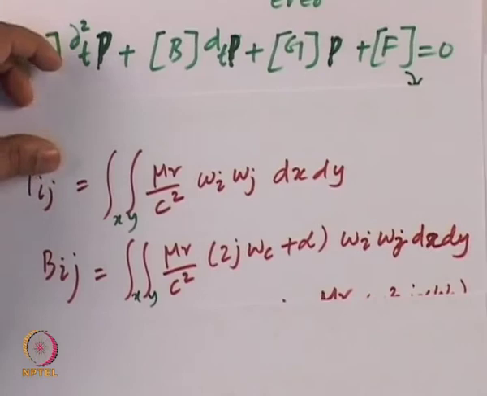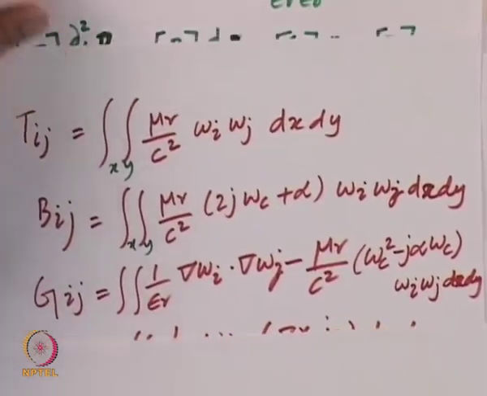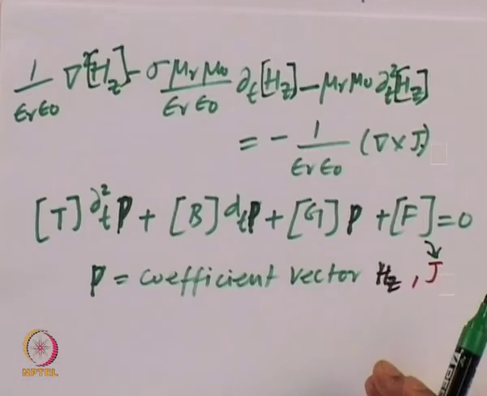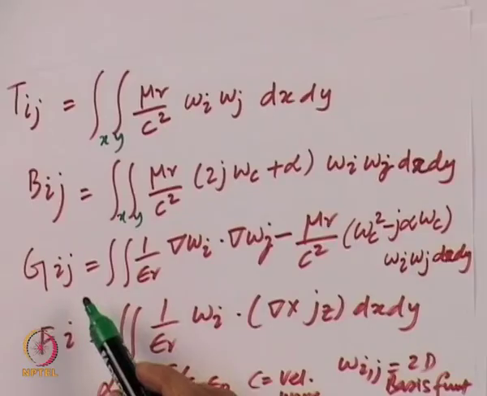Similarly we can also have the expression for G and so on and so forth. So we have basically given the expressions for individual components of those matrices. The components are given from this particular equation and they are here.